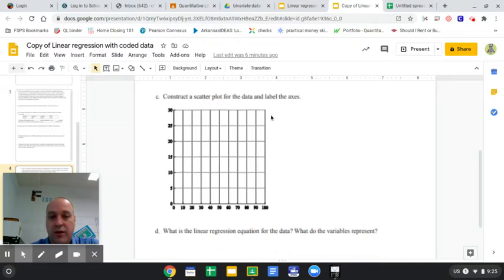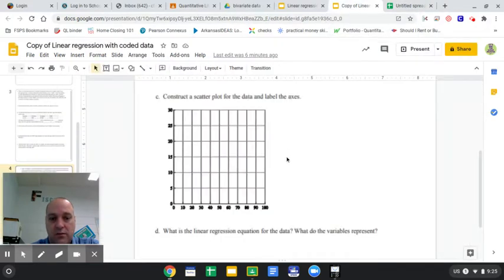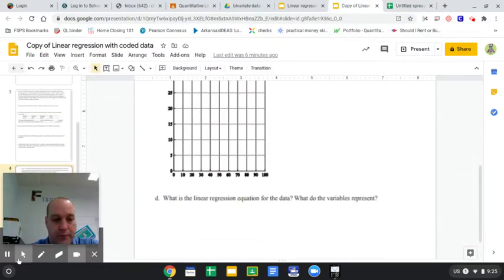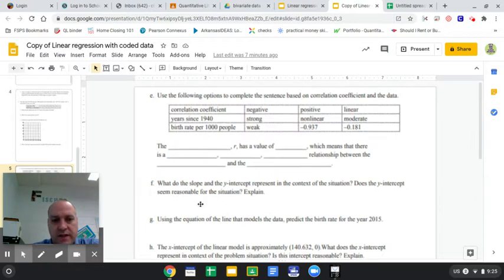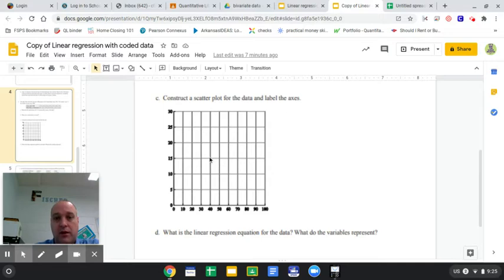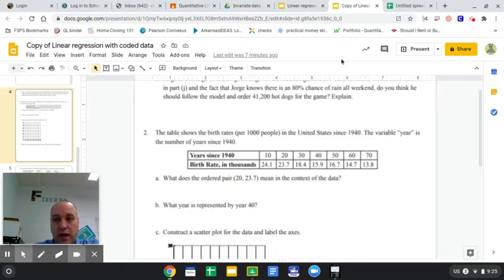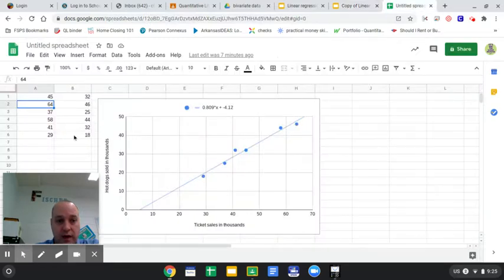Construct a scatter plot for the data and label the axes. So we're going to go back to our spreadsheet, type in the data, and do it again. So I'll do that in just a second. Okay, so since it's just like the last one, it's the same thing. Go to your scatter plot, type in all this data. You may need to make a new one because we only highlighted this much data and there's more points to it.